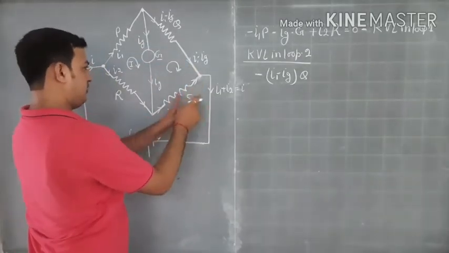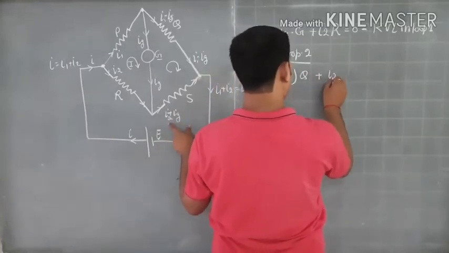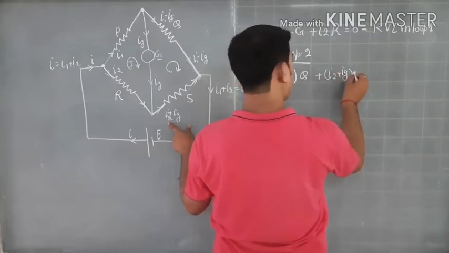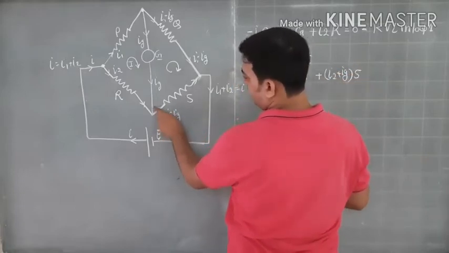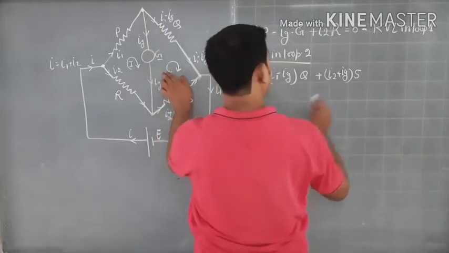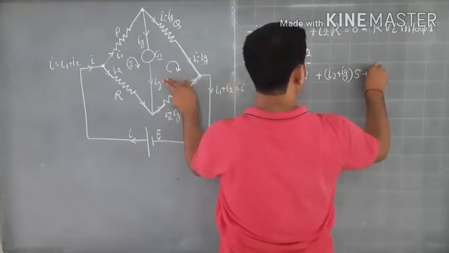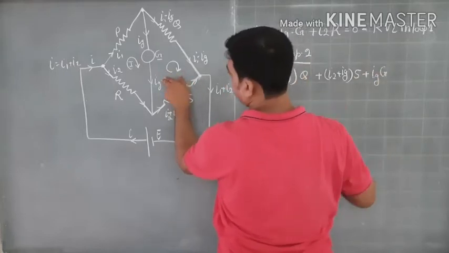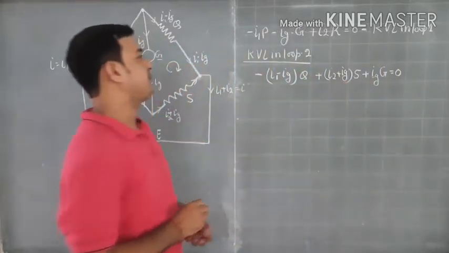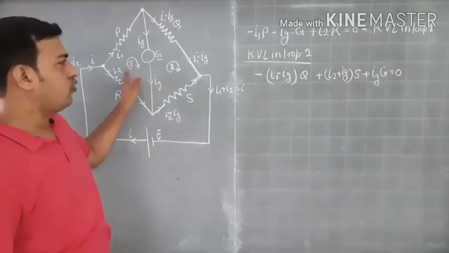Here we are moving against the current, so the voltage is I2 plus Ig into S, and when you move like this, going opposite to the direction of current, it will be a positive voltage drop. The voltage will be the current Ig multiplied by the resistance G, and once again you reach the point, so this is equal to 0. So we have applied Kirchhoff's voltage law in these two loops.